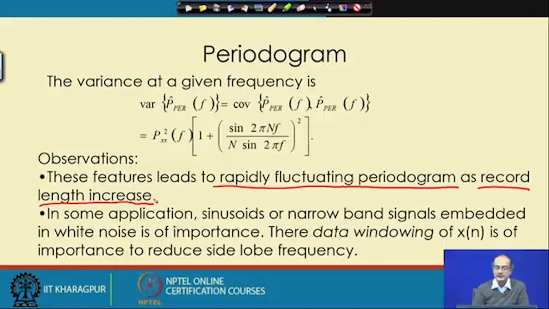And in some cases it can be really difficult, especially when we are looking for sinusoids or narrowband signals embedded in white noise. One such application that comes immediately to mind is radar, where we inject a frequency and look for the returning waves, and those sinusoids could change frequency because of the Doppler shift, but the change would be very small.